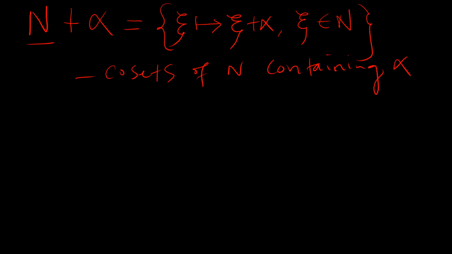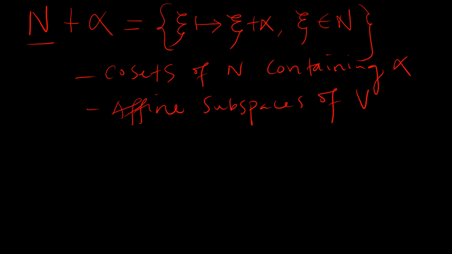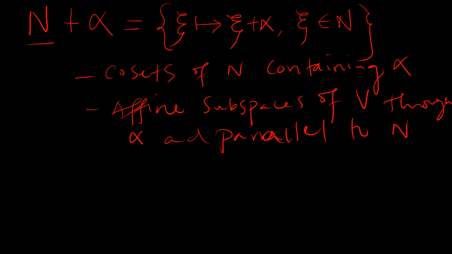We may also have called them affine subspaces of the vector space V through alpha and parallel to N. We may also have given it the name the translate of N through alpha.